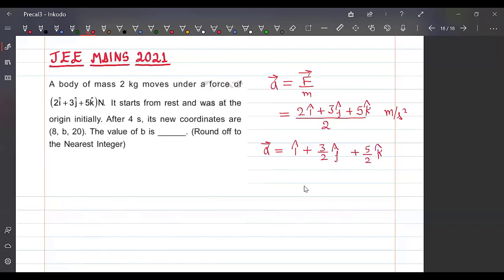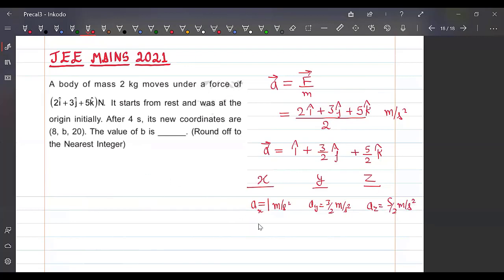Now to find the displacement, we can use a trick. We can directly write the x, y, and z components individually. So acceleration in x is 1 meter per second square. Acceleration in y is 3 by 2 meter per second square. And acceleration in z is 5 by 2 meter per second square.